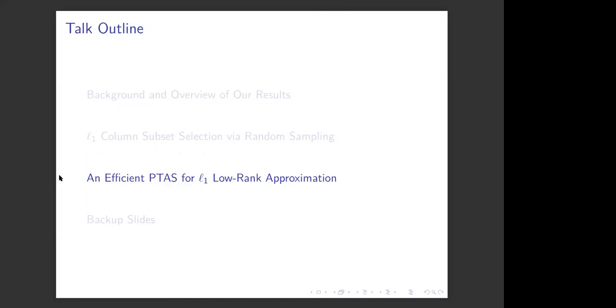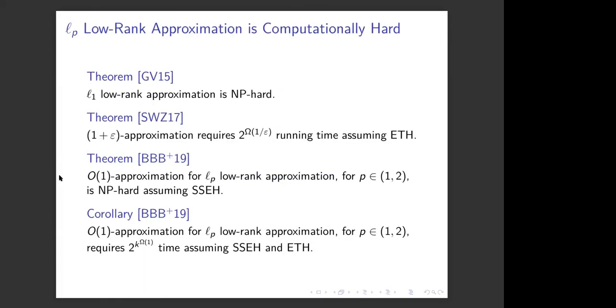So now the question arises: what if you want a very small approximation factor? What if you want a 1 plus epsilon approximation or an O of 1 approximation? What is the most efficient algorithm for doing this? Recall that there are some hardness results. The problem is NP hard to solve exactly, and getting a 1 plus epsilon approximation requires time that's exponential in 1 over epsilon.